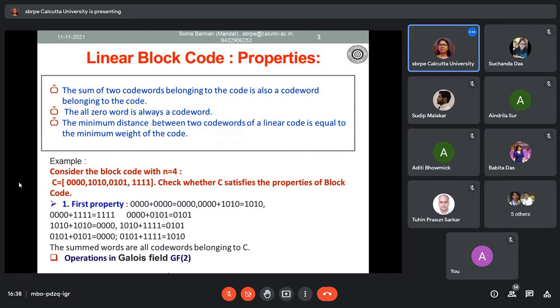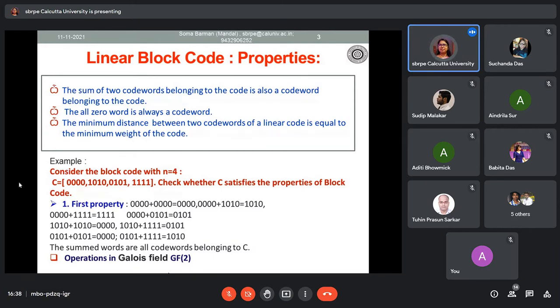What does it mean? Suppose there is a set S, and this set S contains a number of subsets S1, S2 up to Sn. This S1 is a code word, S2 is also a code word, S3 is also a code word, up to Sn is also a code word.